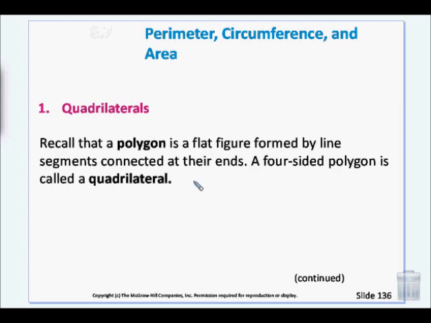So the ones we're real familiar with, oh, wait a minute. Let's use my pretty tool. Square. Rectangle. Well, kinda. That's not a good rectangle. Rectangle.